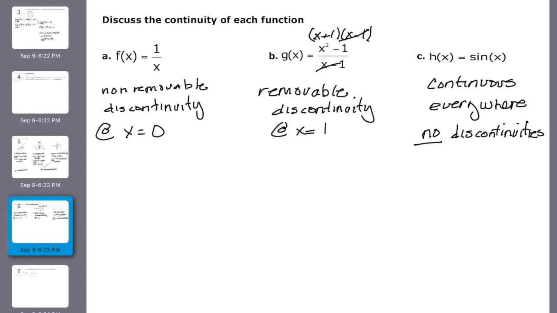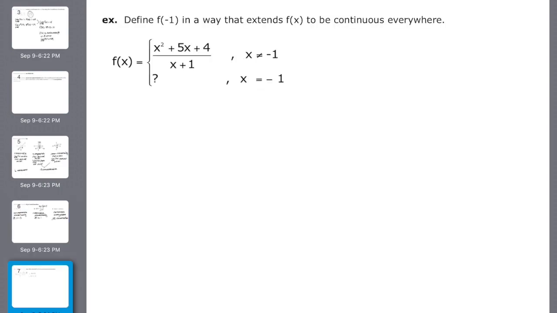Okay, let's look at another piecewise function. So I want to define f of negative 1. I want to know what this value must be in order to actually make our function continuous everywhere. Let me erase that really quickly. So I'm looking for what value this has to be in order to make this continuous.